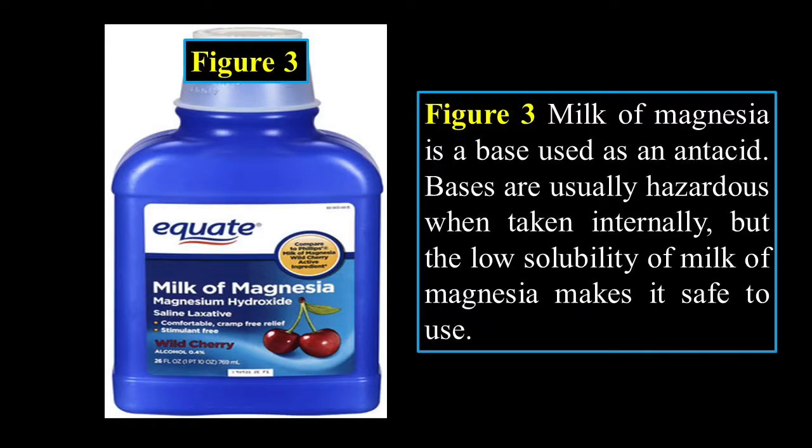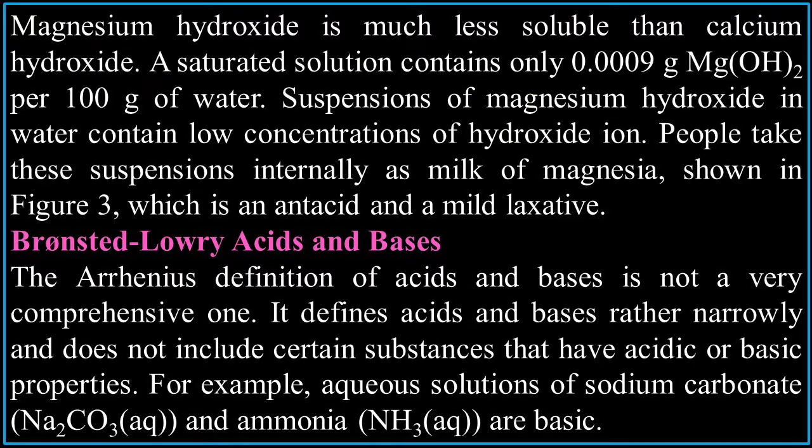Figure 3, milk of magnesia, is a base used in an antacid, and we'll see why that's true later on. Bases are usually hazardous when taken internally, but the low solubility of milk of magnesia makes it much safer. Magnesium hydroxide is much less soluble than calcium hydroxide.